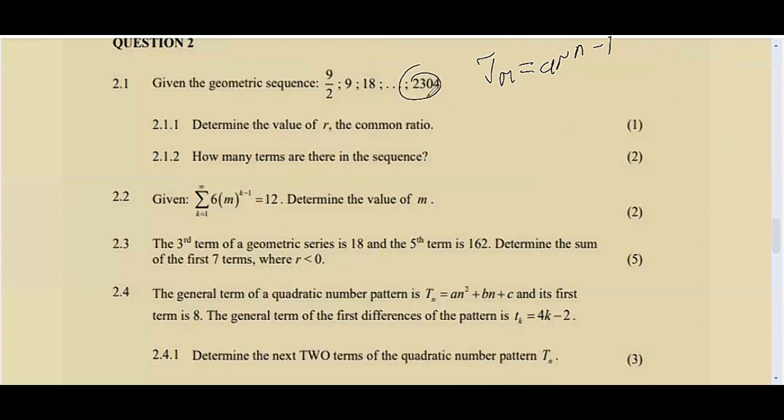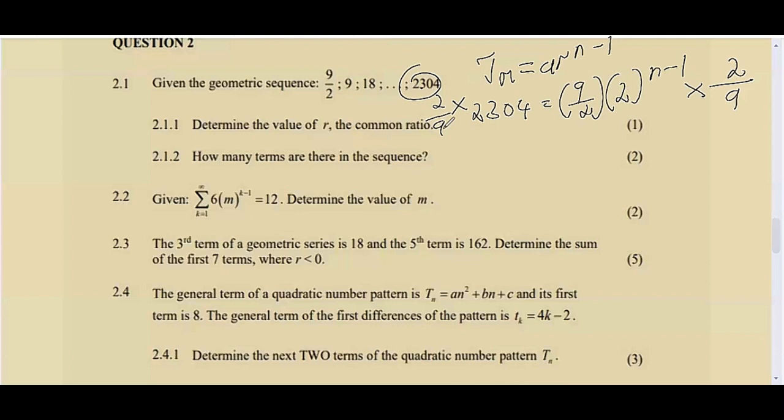For our Tn, we're just going to substitute this value. That's 2,304. And then a is 9 over 2. Our r was 2. And then we have n minus 1. Right. Now, at this point, what is it that you must do? You cannot multiply this one, but you can try to get rid of this by multiplying both sides by its reciprocal.